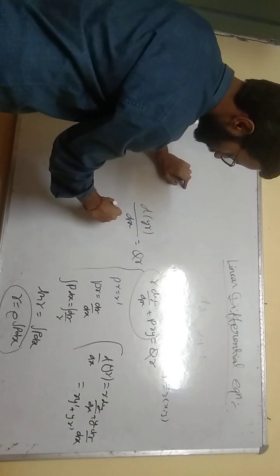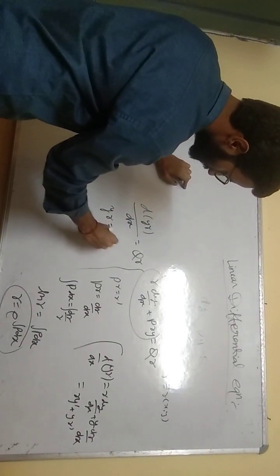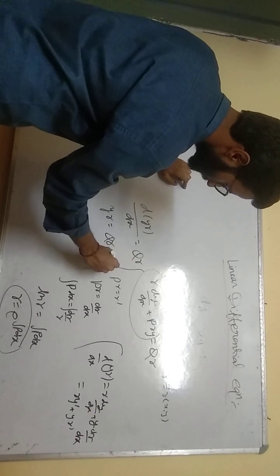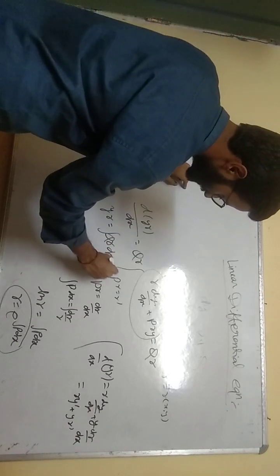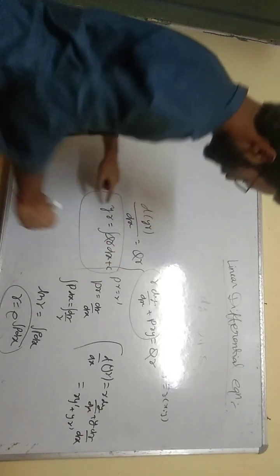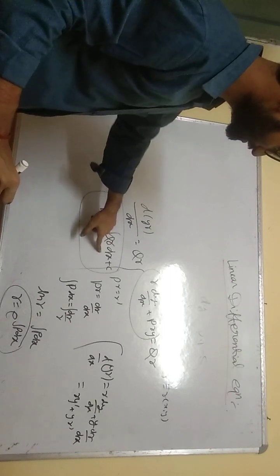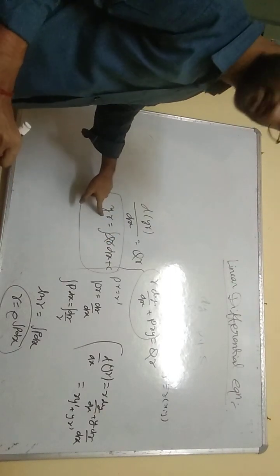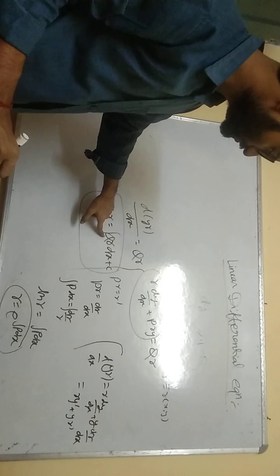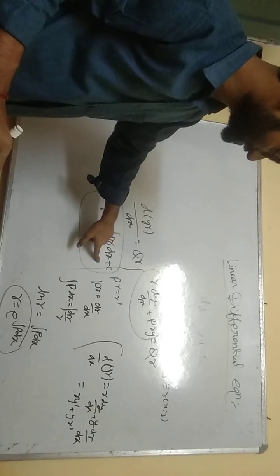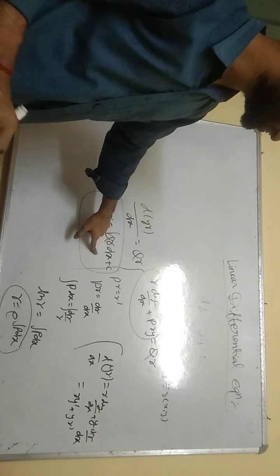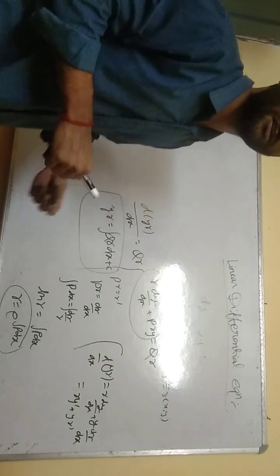So y r is equal to integral of q r dx. If you integrate this, a constant will come. So y r is equal to integral of q r dx plus c. That is, y times the integrating factor is equal to integral of q times the integrating factor dx plus c. So this is the final approach that we use in the linear differential equation.